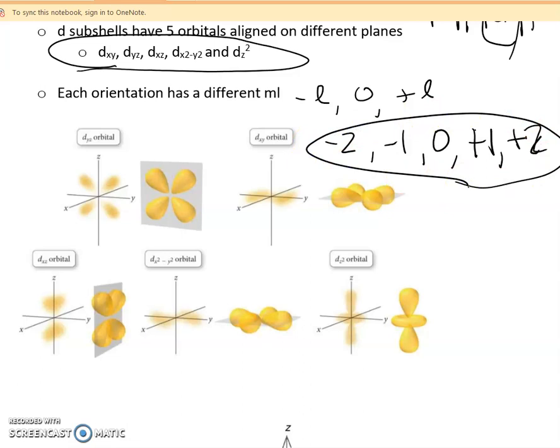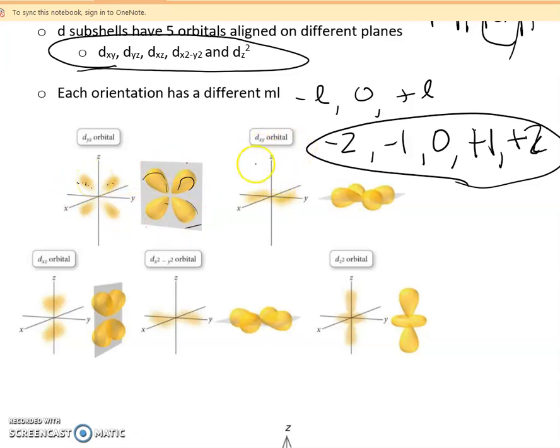Now here, this is the dyz orbital, and they show you the dot plot here, and then we have a contour plot here. They're trying to show you that this is going to be on the y and z plane. So kind of the way to draw it is they do this box and line it up with the y and the z.